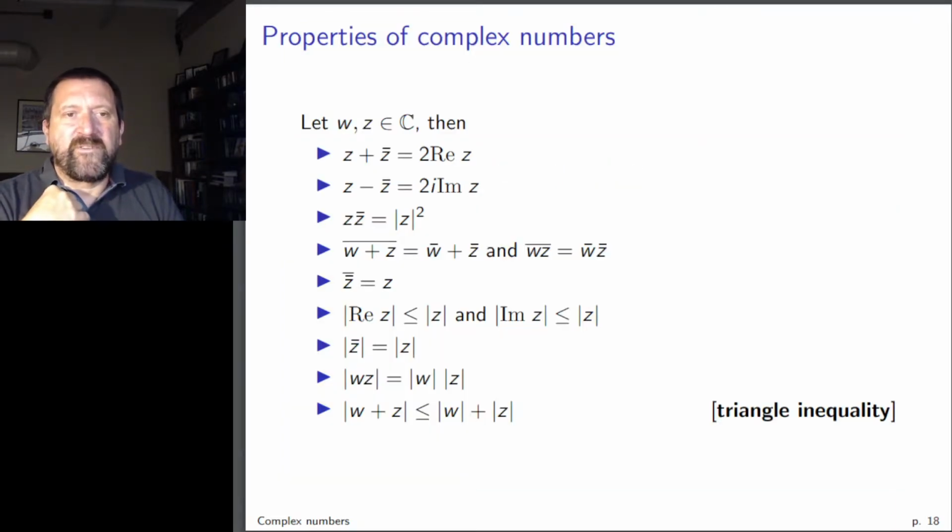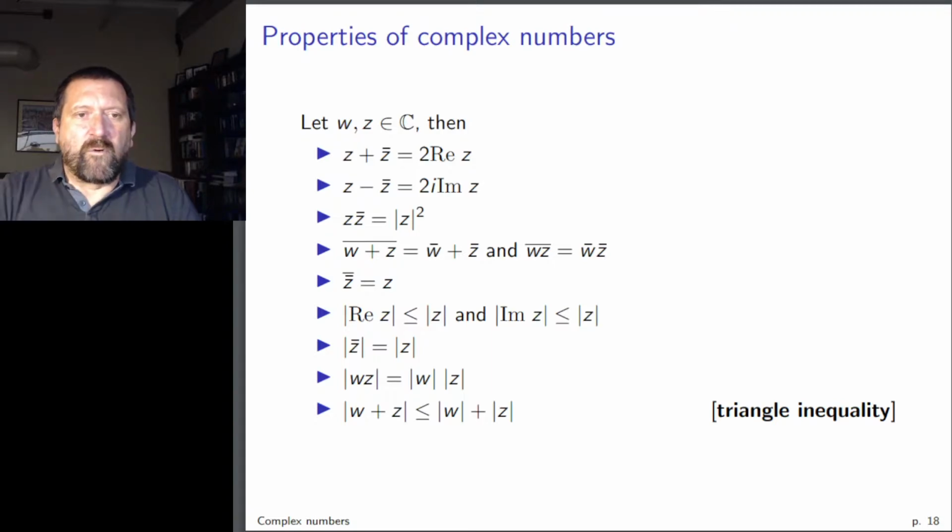So some properties of complex numbers are listed here. I suggest you take a look. Probably one of the most important ones is this one here that you see: the conjugate of the conjugate is equal to the number itself.